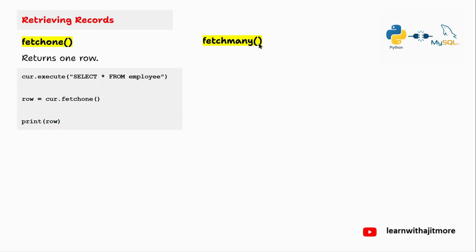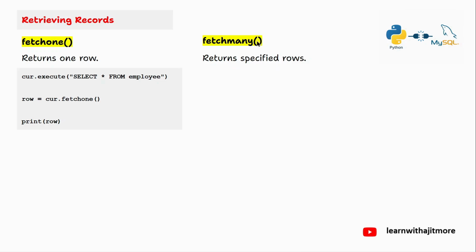As many as you have given, it is going to fetch that many records. So that many tuples will come in one list, and then you can traverse that list if you want. Okay. So it returns the specified rows.